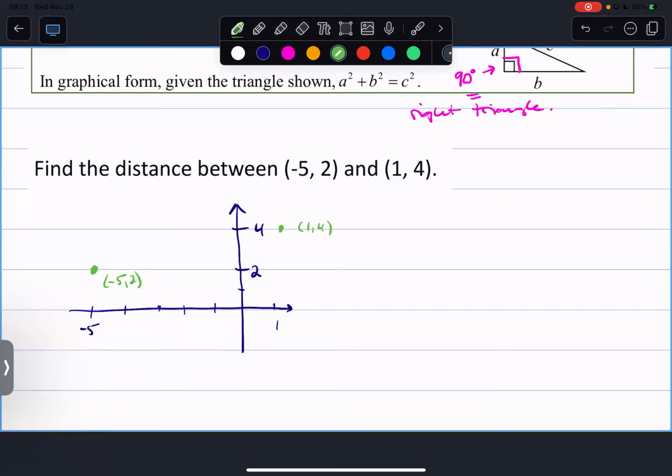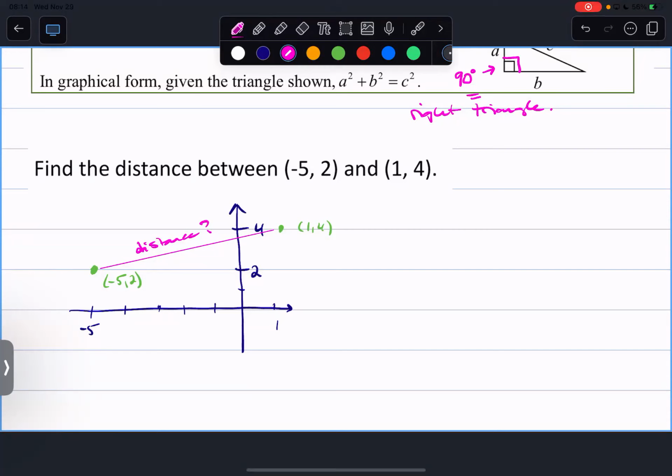Right, going back to coordinates. Now we want to find the distance, which implies kind of as the bird flies distance. So we want to know what this distance is. Hey, looks pretty good.